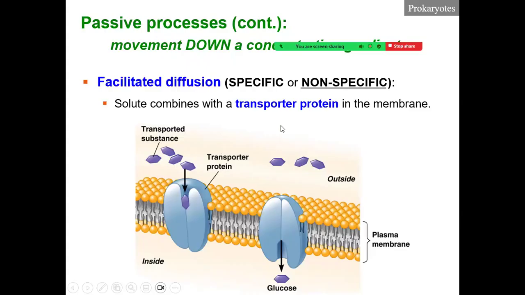Glucose doesn't work this way, except when the glucose is higher outside the cell than inside the cell. Glucose will move into the cell by facilitated diffusion through a channel protein. But once the glucose equals the concentration outside the cell to equals inside the cell, this channel protein changes to an active transport protein.